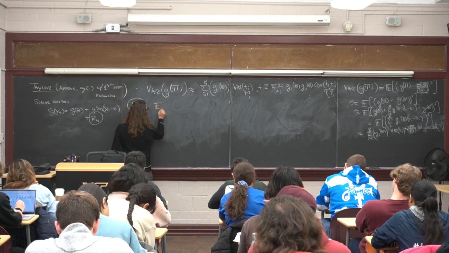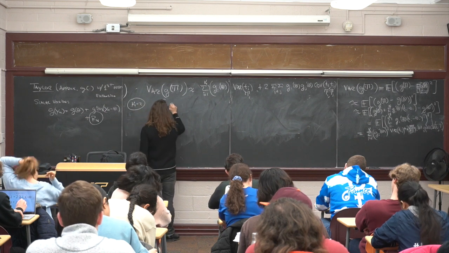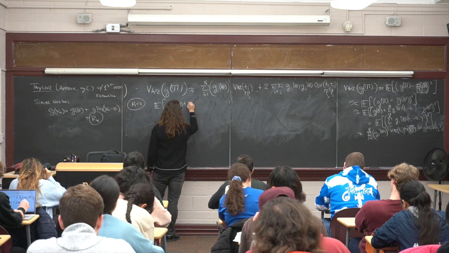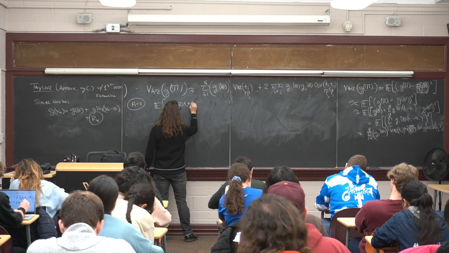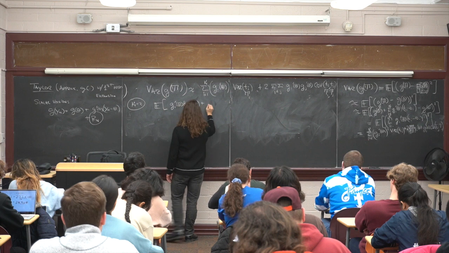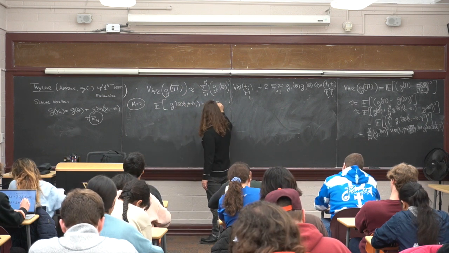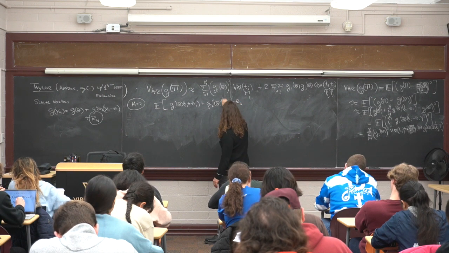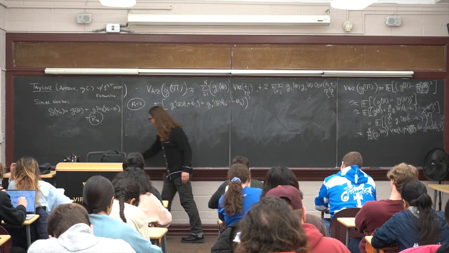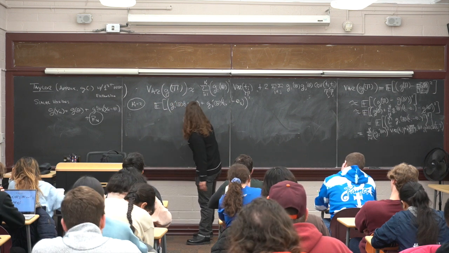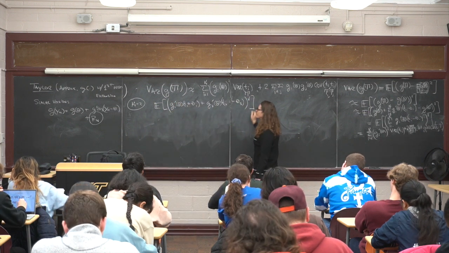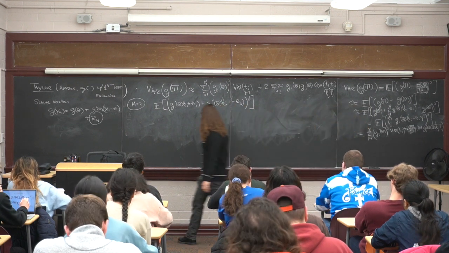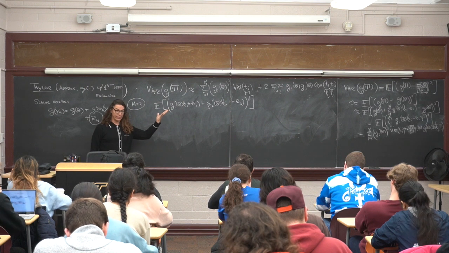So this is just going to be the expectation of G_1 prime theta, T_1 minus theta_1, plus G_2 prime theta, T_2 minus theta_2. This is all squared. So this would just be the special case. Pretty easy stuff. We're just going to FOIL everything.